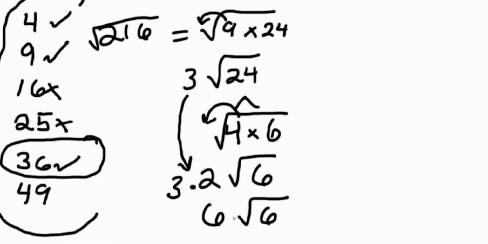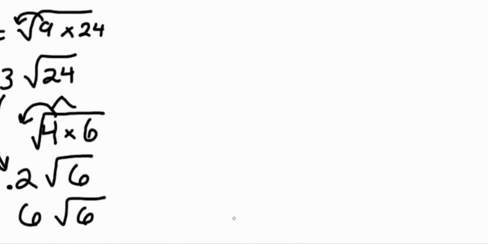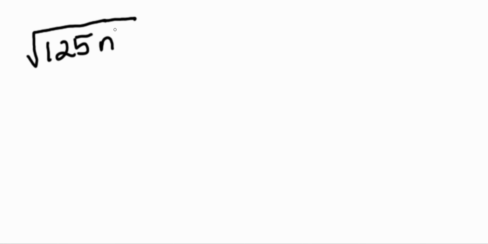What if now we added in a variable? Well, what if we had, let's think. Okay, what if we had radical 125 n squared? Well, let's look at this first, the 125. Well, we'll list this.